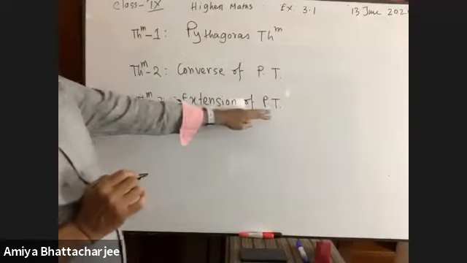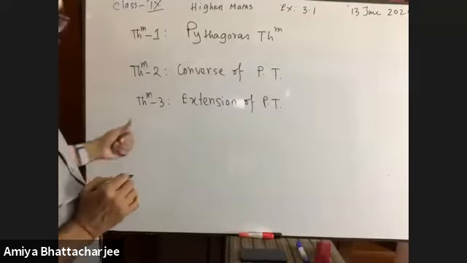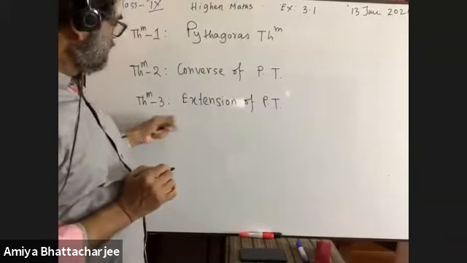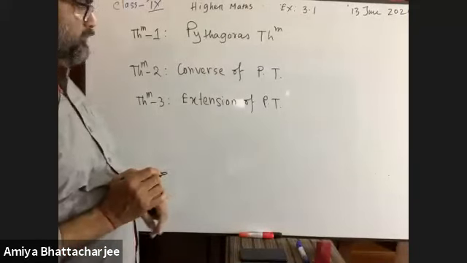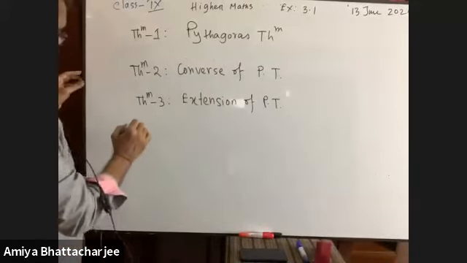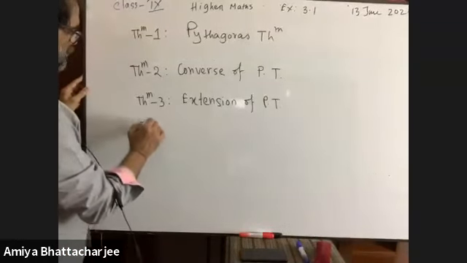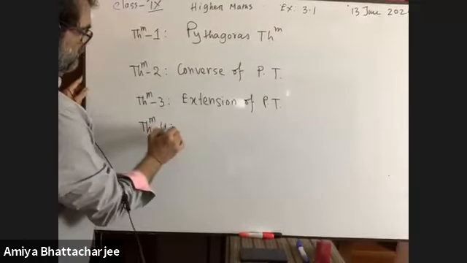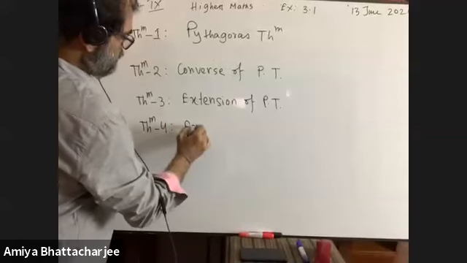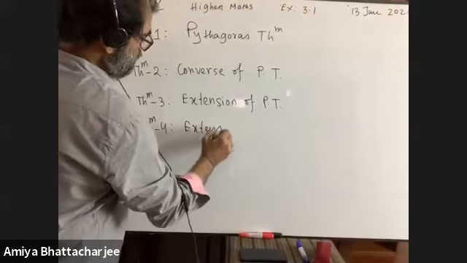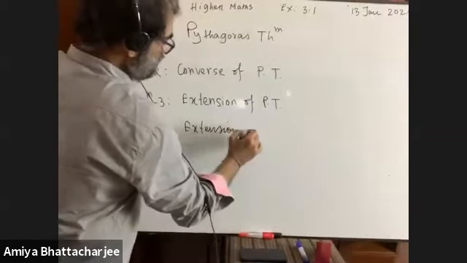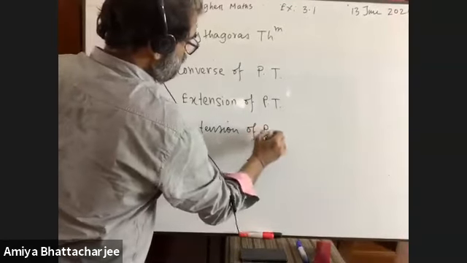PT means Pythagoras theorem. What I wrote here, theorem 3, extension of Pythagoras theorem. Theorem 4 is also an extension of Pythagoras theorem.